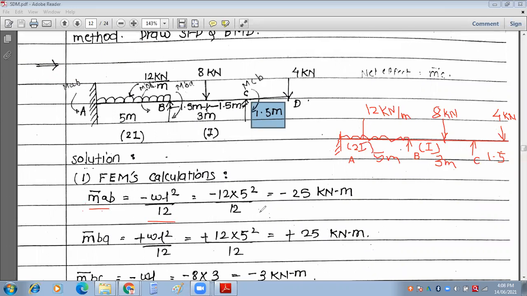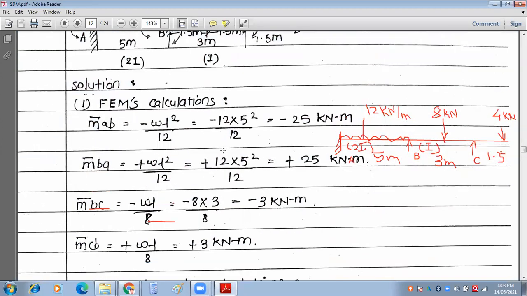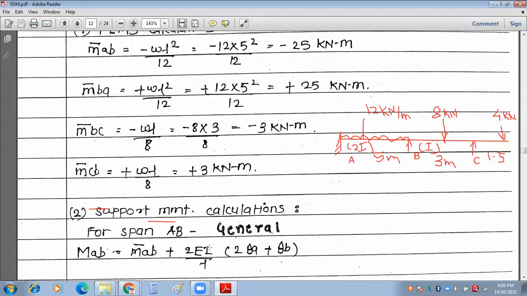Therefore for span AB the fixed end moment is minus 25 and for BA it is plus 25. Okay. Now similarly we have to work out BC. For BC there is a point load, therefore WL by 8 is the formula. Load is 8, therefore 8 into 3 by 8. 8 gets cancelled, so the fixed end moment is minus 3 and plus 3 for the span BC.